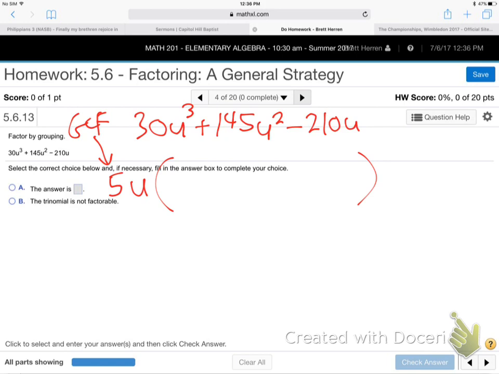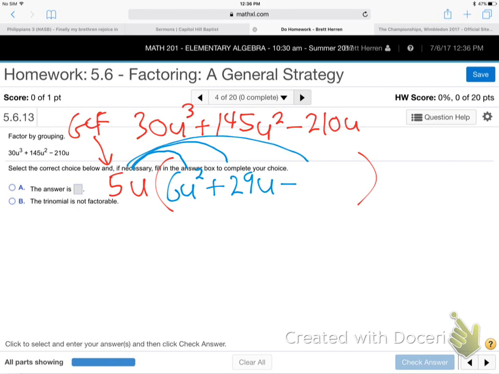Figure out what goes on the inside there. 5u times what? 6u squared. 5u times, I don't know, 29u.